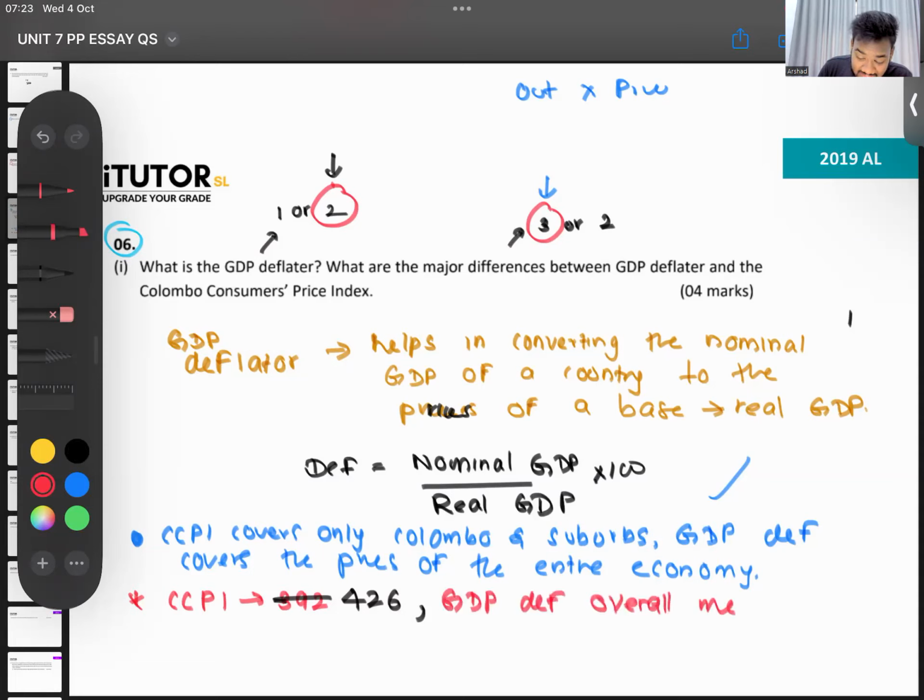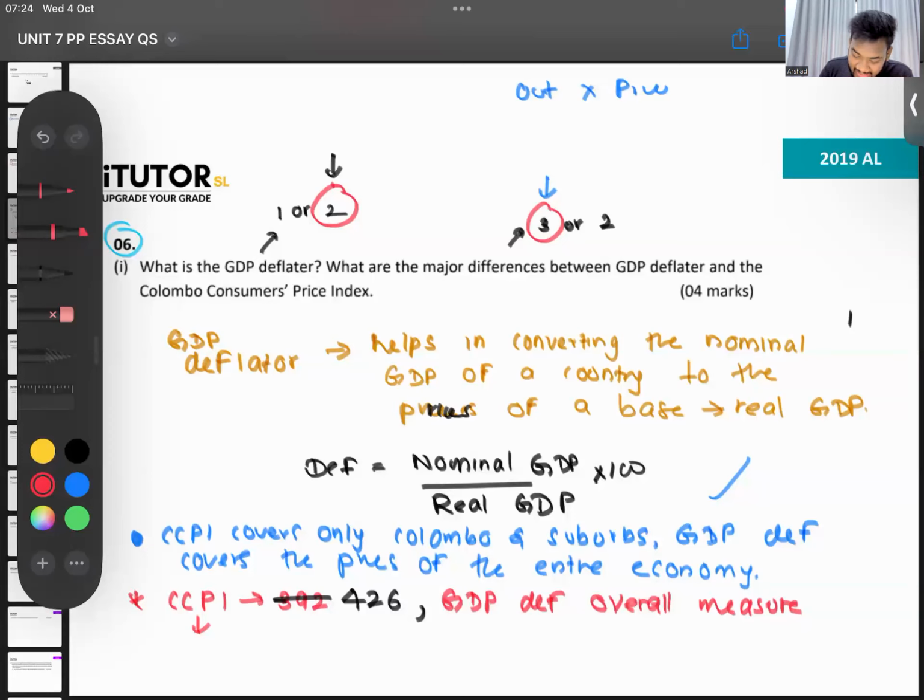And you can even say this, Lamai. GDP deflator is an overall measure. In addition, if you take the Colombo Consumer Price Index, in the basket of goods there is fuel. In the CCPI there could be fuel, electronics, anything.